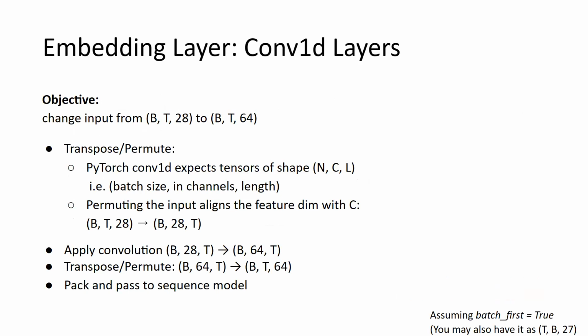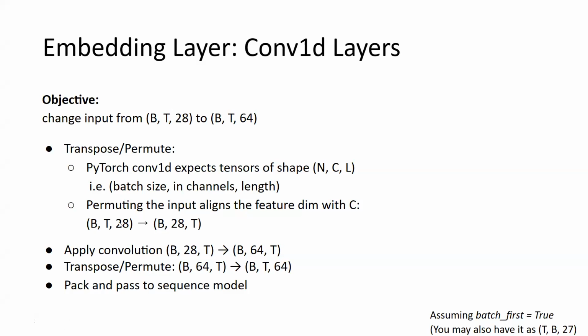Now, when you apply 1D CNNs, if you remember from homework 2, CNNs expect channel to be the second dimension and not the last dimension. Here, 28 is the last dimension. So before you apply the CNN in the embedding layer, you first transpose the first and second dimension to make it B cross 28 cross time, and then apply the 1D CNN or the 1D CNNs, if you may.